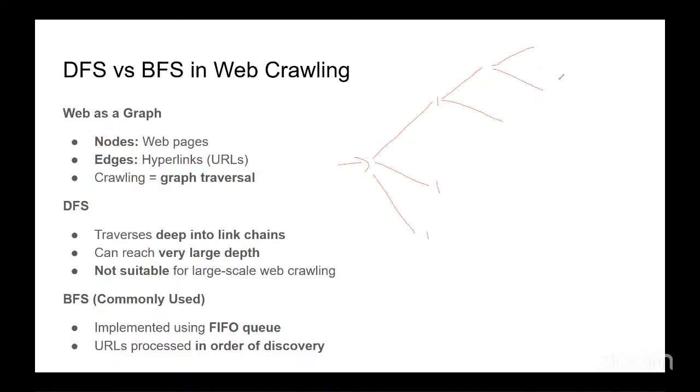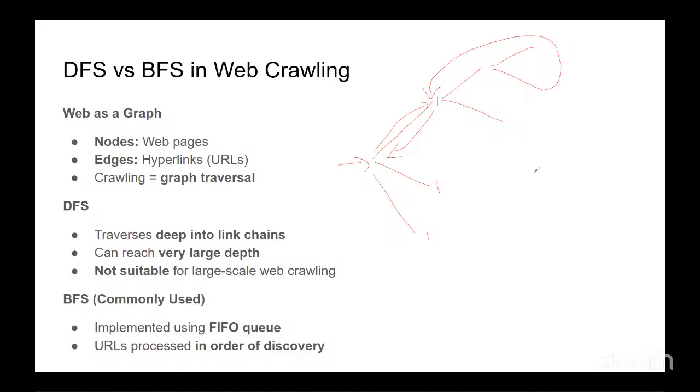Or probably a page is also linked back to a previous web page. So in fact this is not a tree structure, it's more like a graph, because trees cannot have cycles and usually have only one direction, but graphs are bi-directional. You can go back to the previous link.